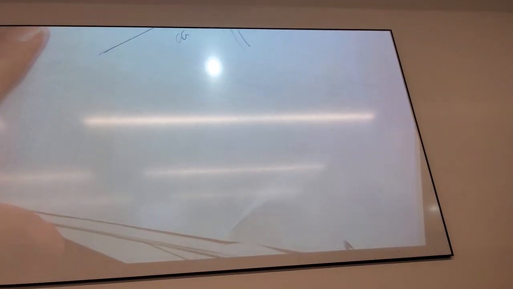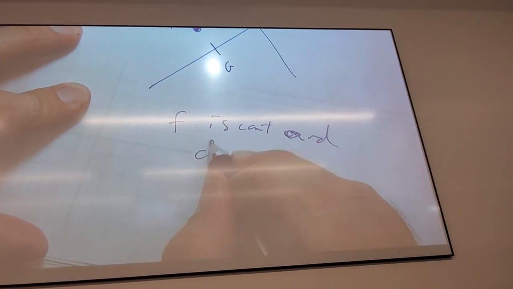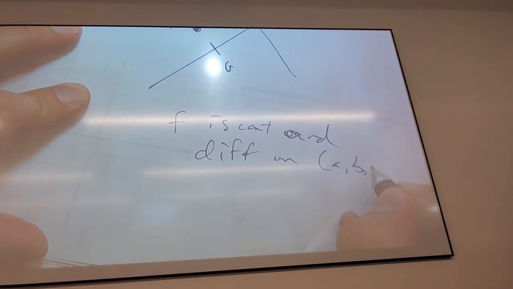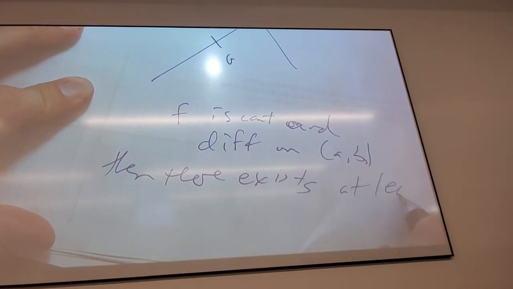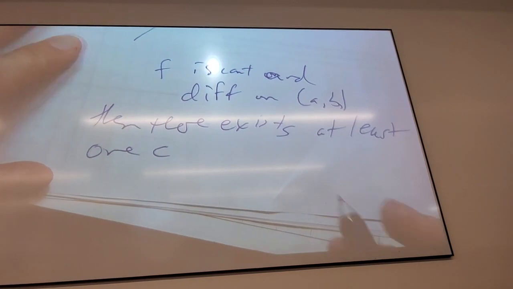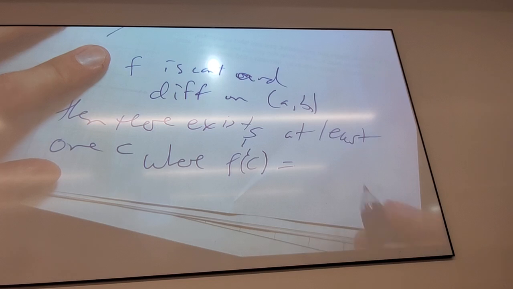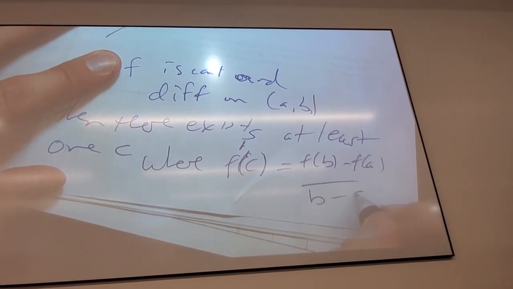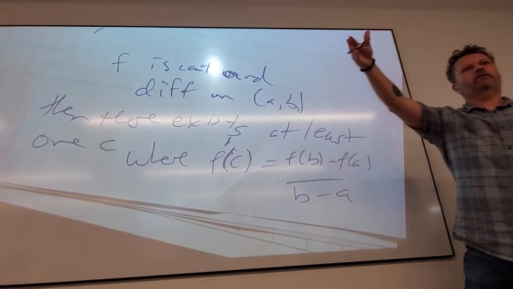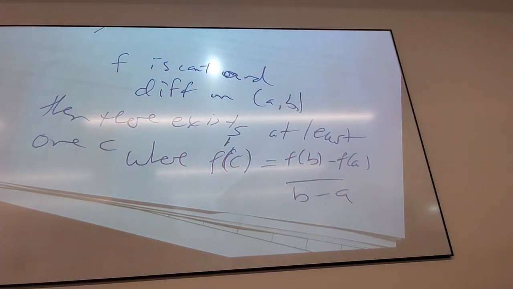If F is continuous and differentiable on AB, then there exists at least one C where F prime of C equals F of B minus F of A over B minus A. Now, if I let F of B equal F of A, this is just Rolle's theorem. What does F prime give you?